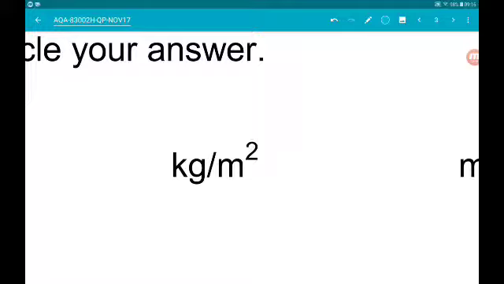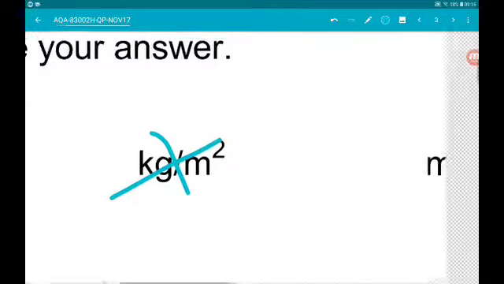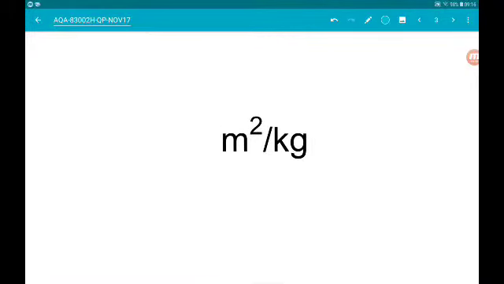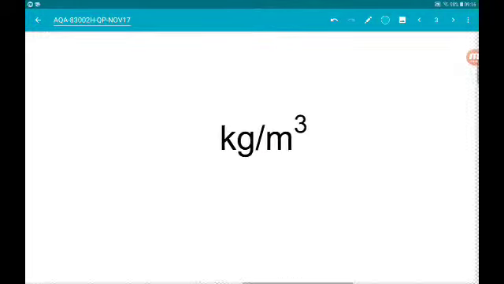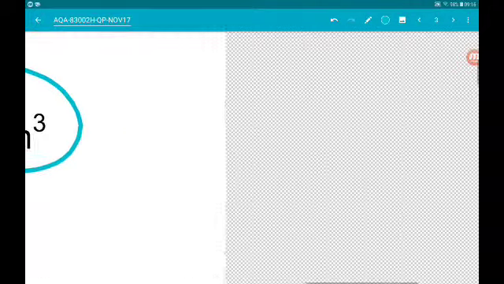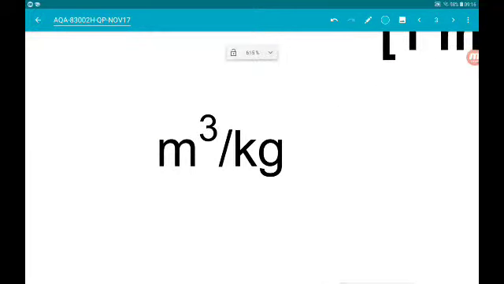That's mass over area. Nope. Next one, meter squared over kilogram is area over mass. Nope. Third one, kilogram over meter cubed is mass per volume. That is our guy.